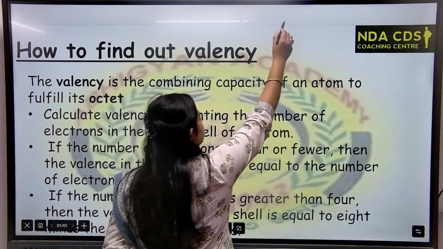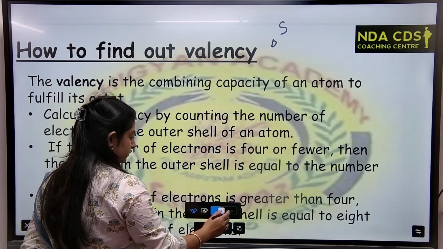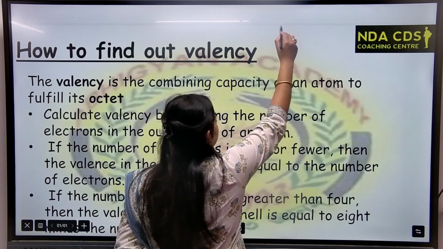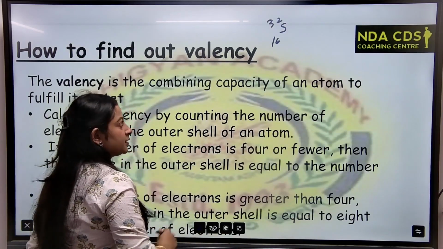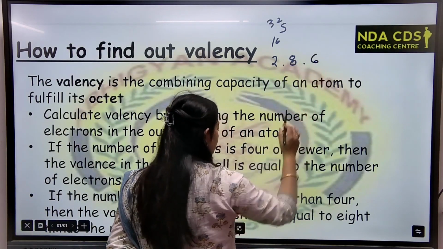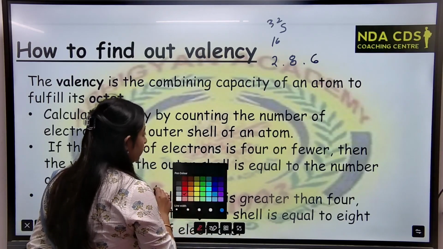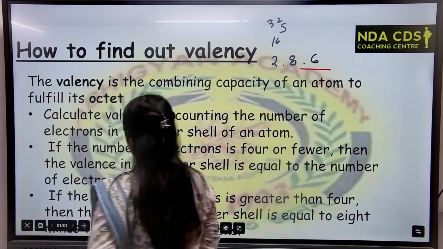Okay, sulfur, what is its atomic number? Sulfur 16 atomic number, mass is 32, electronic configuration will be 2.8.6. So I will first observe the outermost electron that is 6.